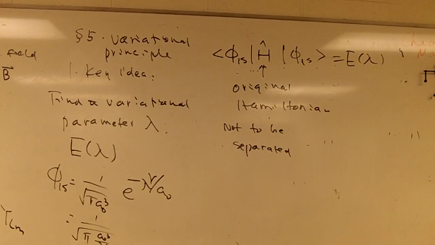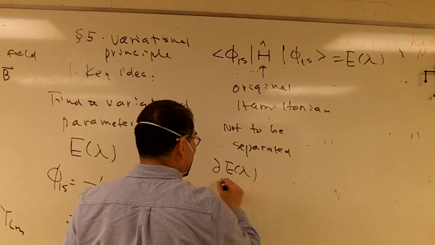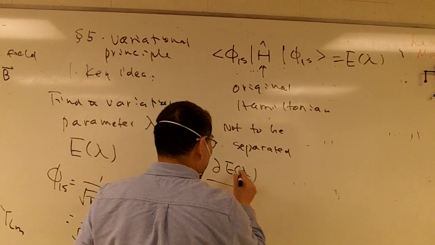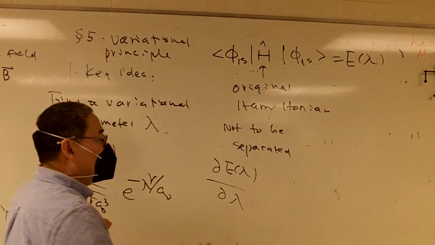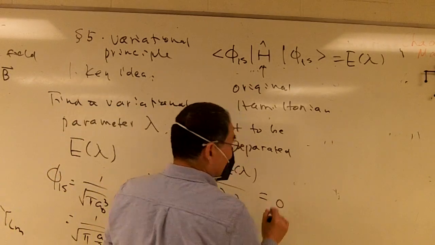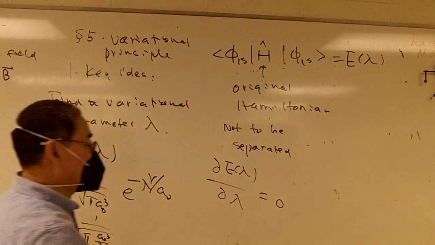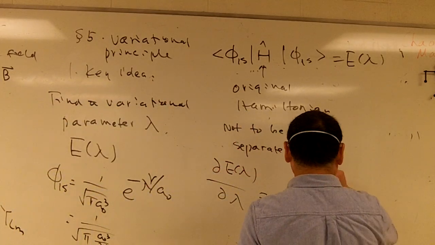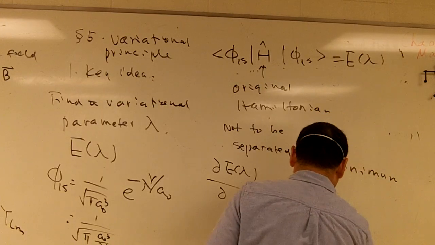Magic is this. Take the partial derivative of E of lambda with respect to lambda. Folks, take a look at this. Put it equal to 0. So we get a variational principle. This will give us either a minimum or a maximum.